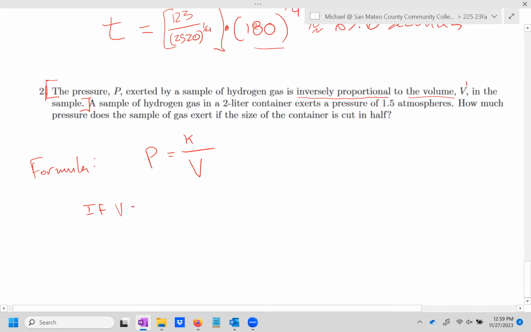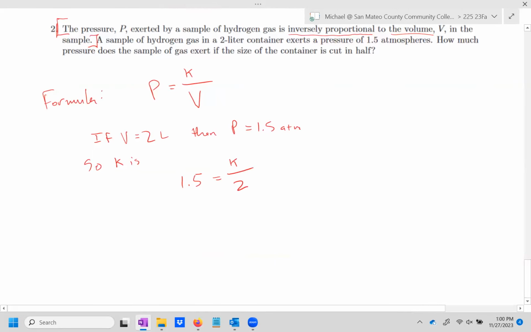If V equals 2 liters, then P is equal to 1.5 atmospheres. And you don't even have to know what those units mean to get your proportionality constant, right? So K is, well, I have 1.5 is what you get when you plug in 2 for V, and so what does K equal?